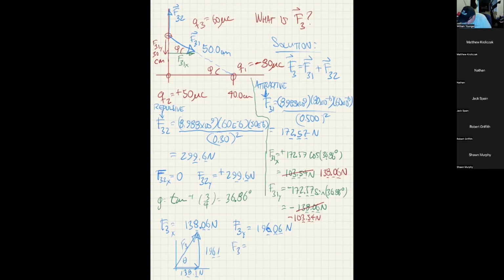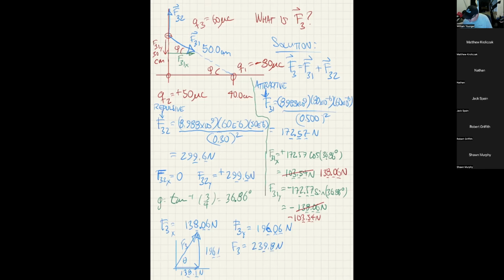So I can use the Pythagorean theorem to get F3 by taking 138.06 and squaring it, and then adding to that 196.06 squared, and then taking the square root of all that. And I get 239.8 newtons as the magnitude.